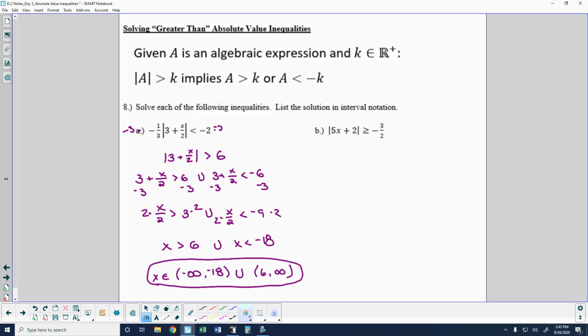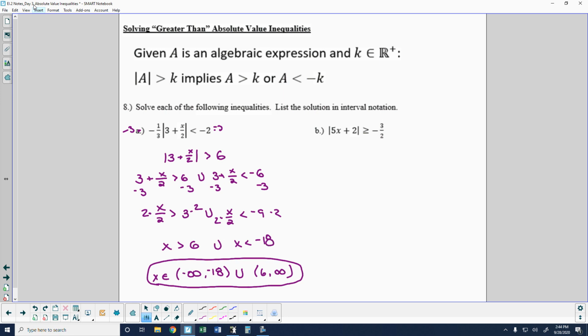Now, what we may notice is that this absolute value of 5x plus 2 is greater than or equal to negative 3 halves. And so when we saw this scenario when an absolute value was less than a negative, the answer was no solution. It did not exist. Now let's look to see what happens if the answer is greater than a negative.